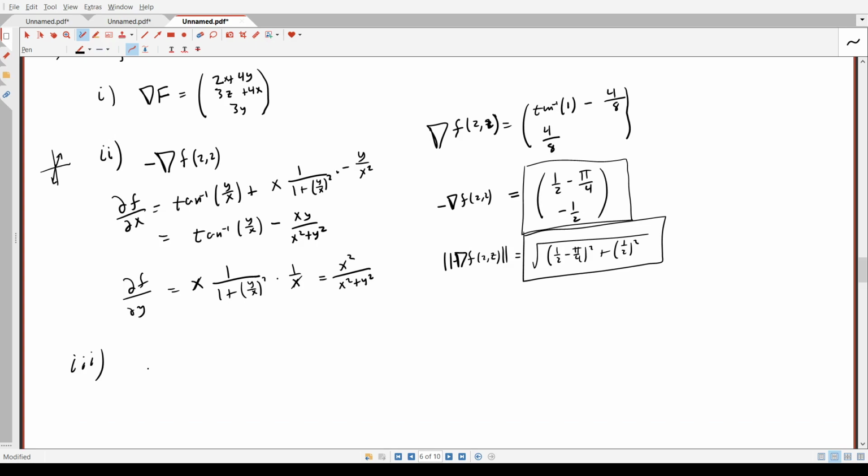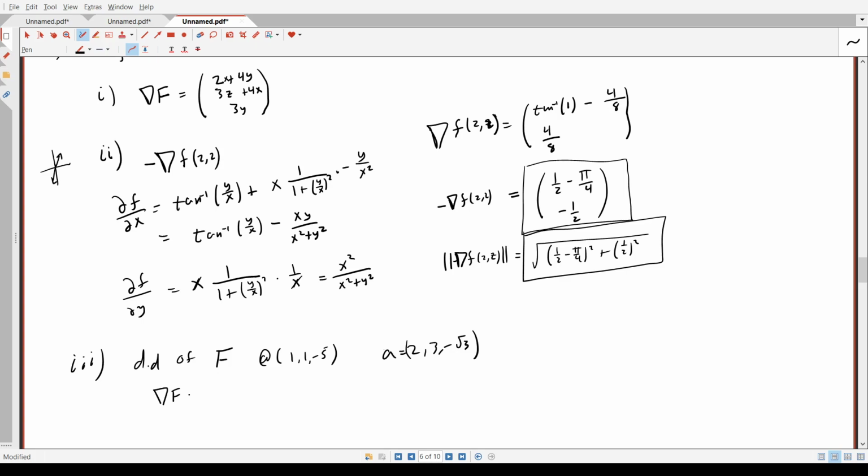Okay, find the directional derivative of capital F at the point 1, 1, minus 5 in the direction of a, which is 2, 3, minus root 3.